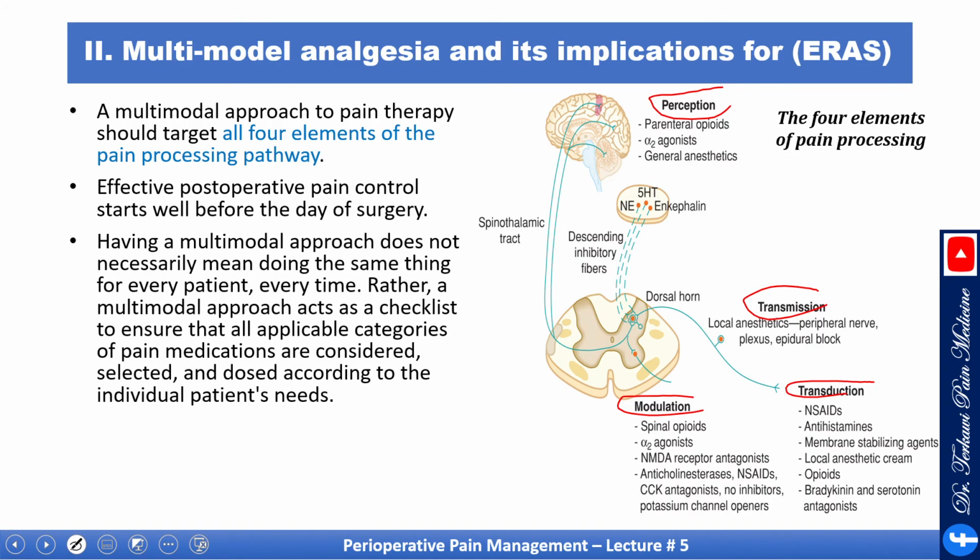So, for example, medications that cover transduction: NSAIDs, antihistamine, local anesthetic, opioid. Modulation: NMDA receptor, spinal opioid. Transmission, mainly here, peripheral nerve block, local anesthetic. And perception, you have the opioid, mostly alpha-2 agonist.